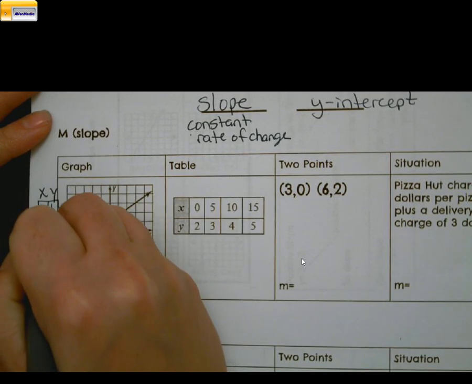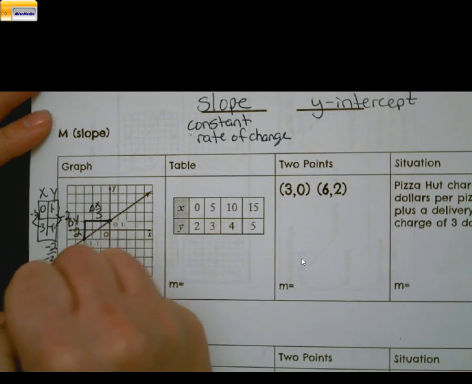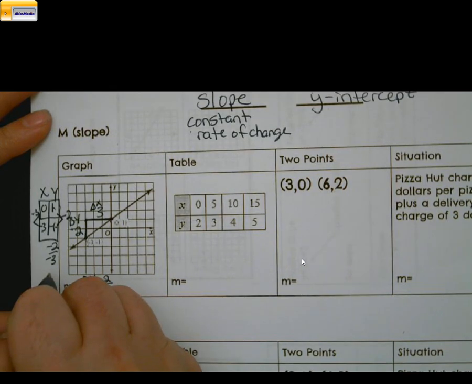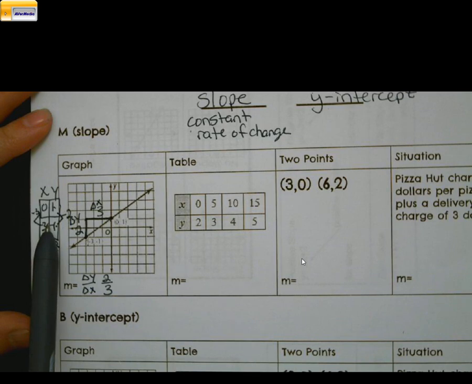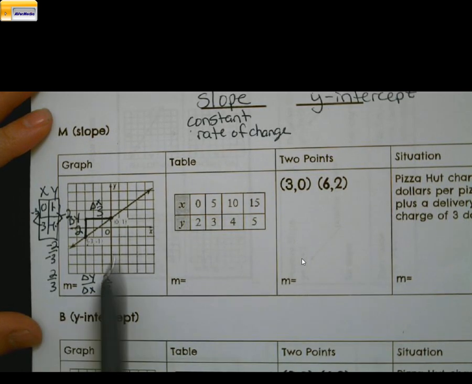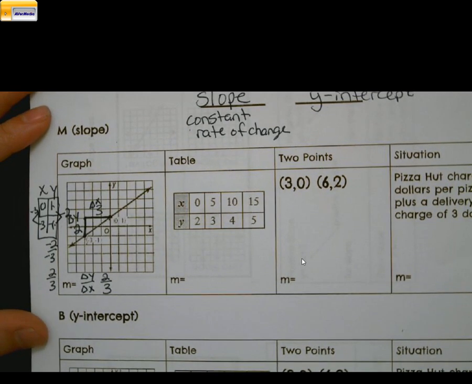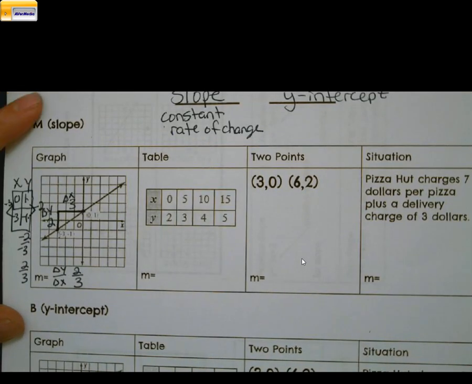This one went down 3. So I have -2 over -3. Negative divided by negative is a positive, so that's 2/3. So whether I do it in a table to find my constant rate of change, or I do my change in y over my change in x on my graph, I'm still going to find my slope or my constant rate of change.